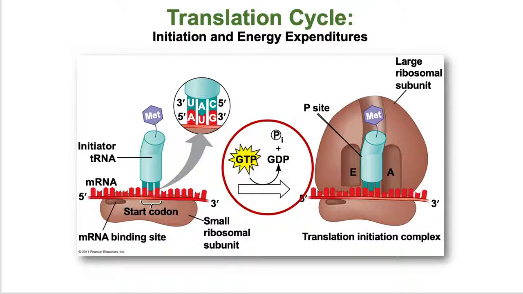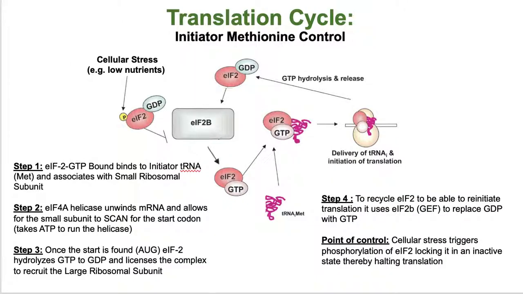And these start at the beginning of the message, and in combination with the EIF4 helicase, start to melt that RNA so that this complex of EIF2, the GTP, initiator tRNA, and the small subunit scan on the message looking for the first start codon.